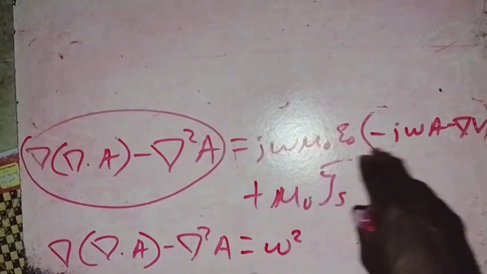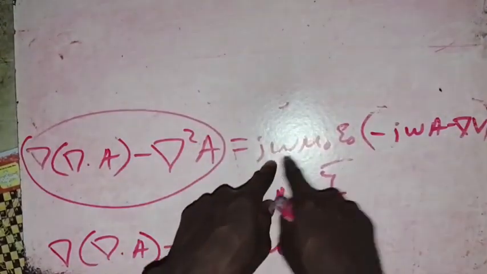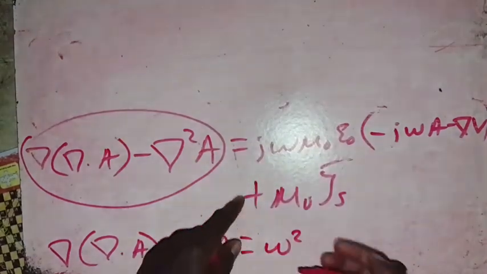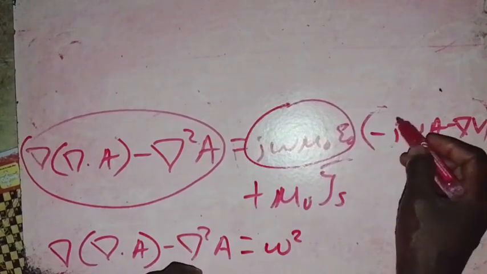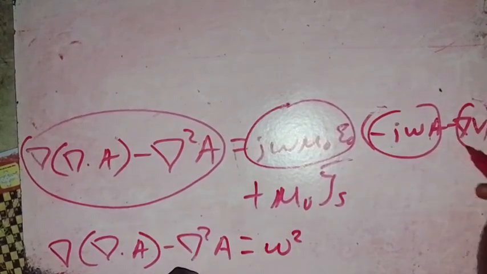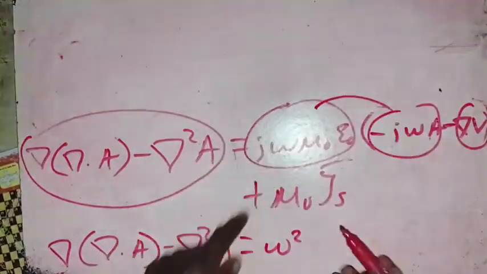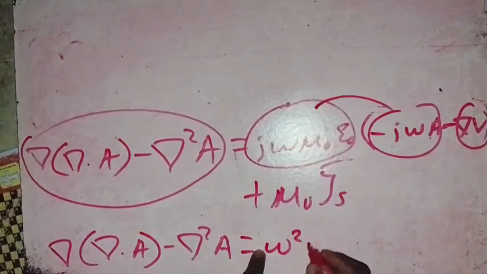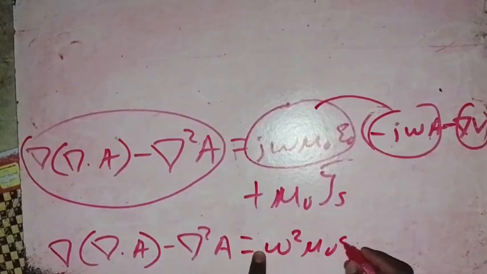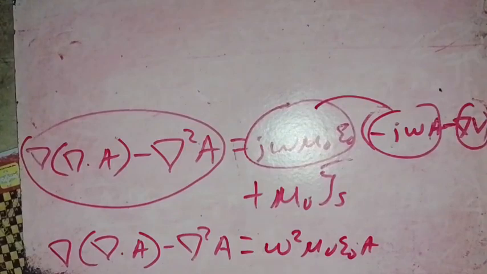And then of course, everything here multiply everything here. So this will give us omega square. This whole thing multiply. There are two terms here, right? There is a minus sign here. So this multiplies this, giving us omega square mu naught epsilon naught and then A, right?